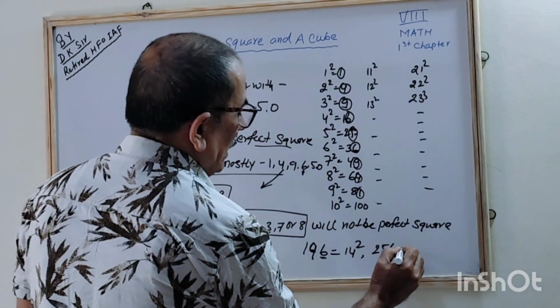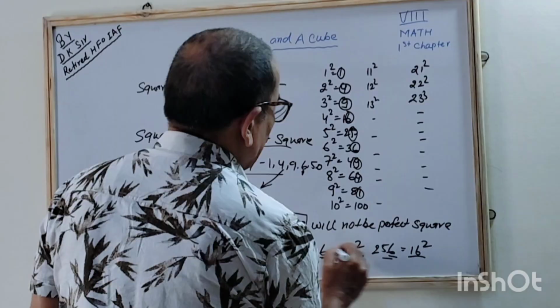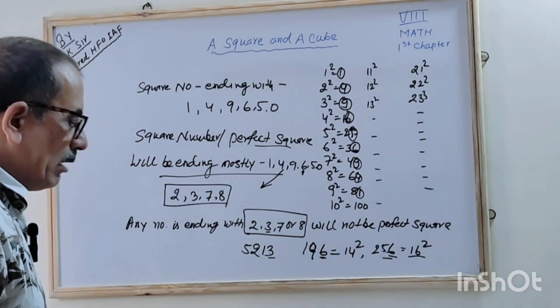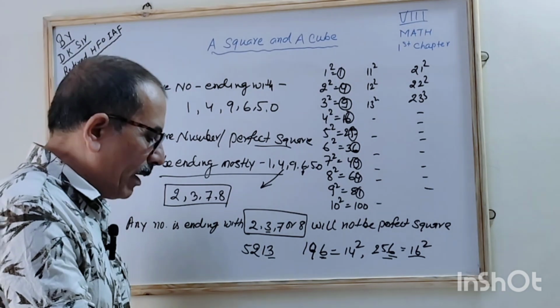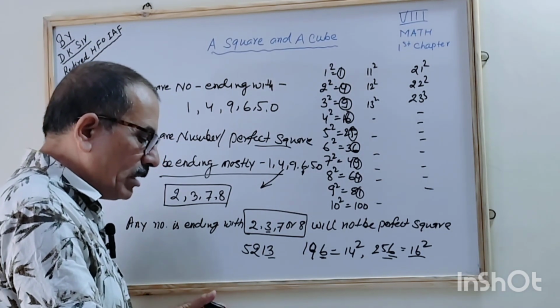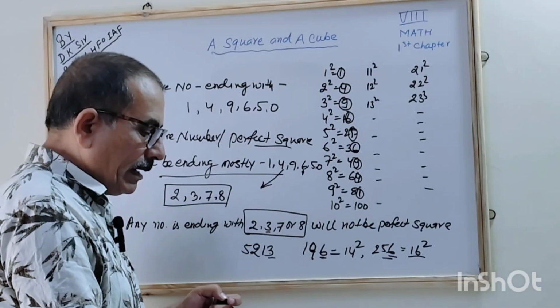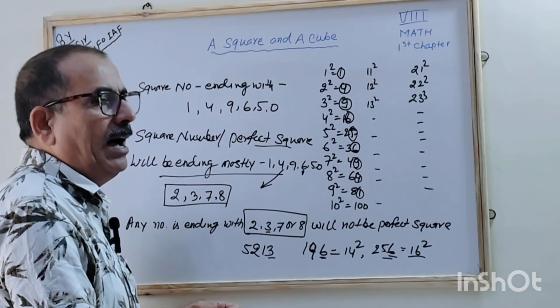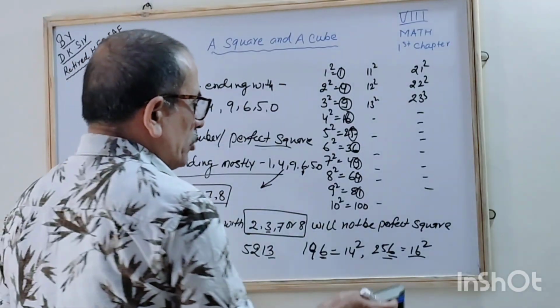So 6 is there, which means it is the square of 16. So you can find out which can be a perfect square and which cannot. The last digit, the unit place digit, is to be considered to guess whether it is a square or not, okay.